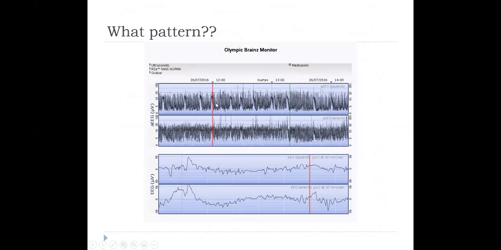You can see this activity, these mountains, these repetitive seizures on the left side with a discontinuous background pattern, and the generator of seizures is the left side.